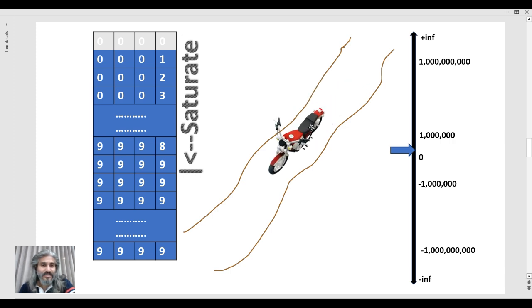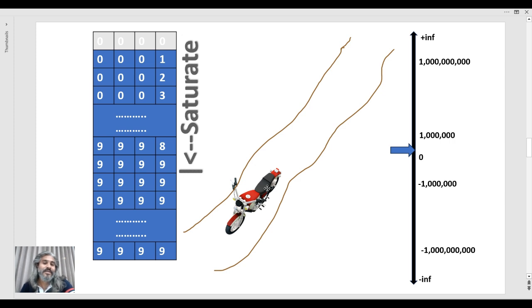Once it crosses 9,999 meters, we saturate. So after about 10 kilometers, we don't get any more accurate estimates of its instantaneous speed, because we saturated at this high value. The difference will be zero, and whatever design we have done is not helping us beyond 10 kilometers of initial travel.